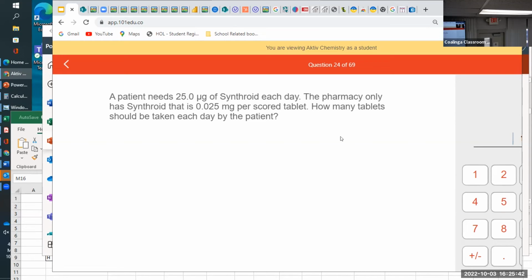No, you divide it by 4 because he has to take it every 6 hours. I didn't write any of it down. Yeah, for sure. So you divide it.